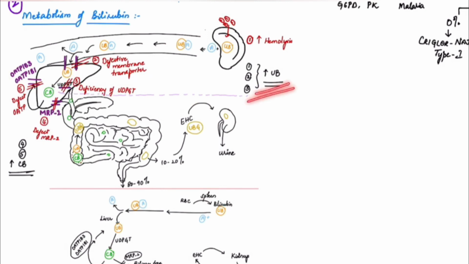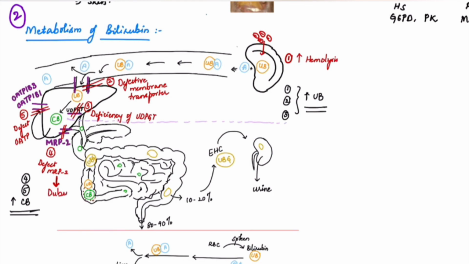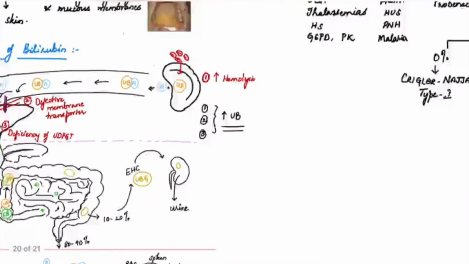Next, when there is a defect in multidrug resistant protein 2, that is known as Dubin-Johnson syndrome, the conjugated bilirubin will increase. And when there is a defect in organic anion transport protein, that is known as Rotor syndrome, again the conjugated bilirubin will increase. So in 4 and 5, the conjugated bilirubin is increased.